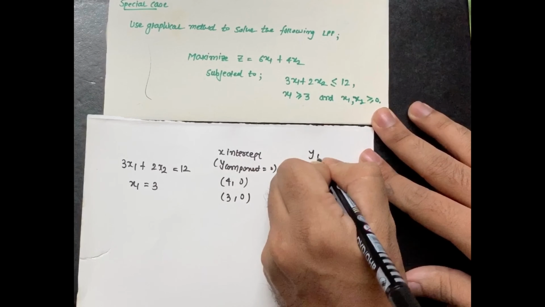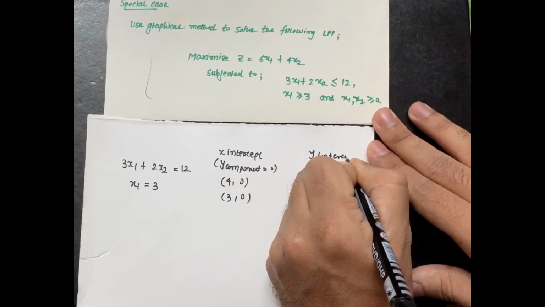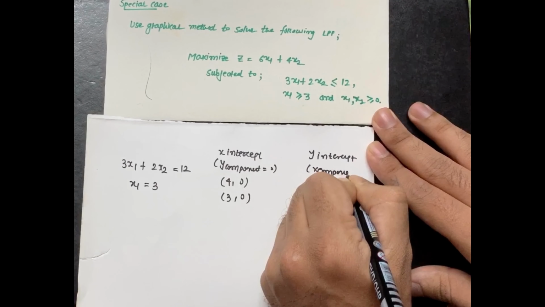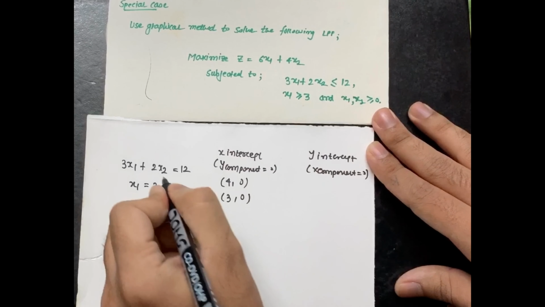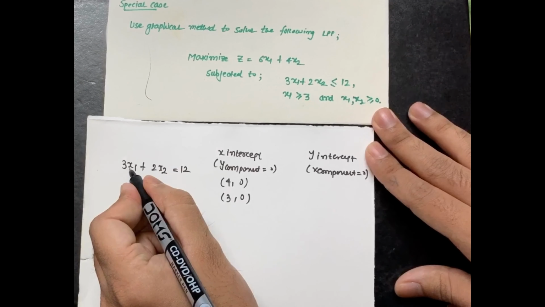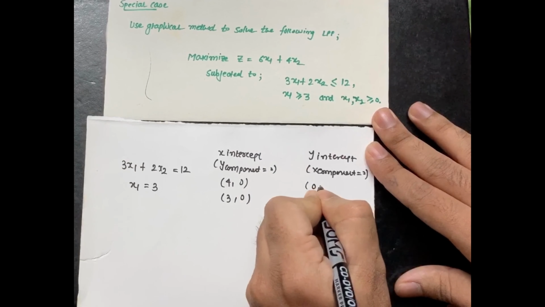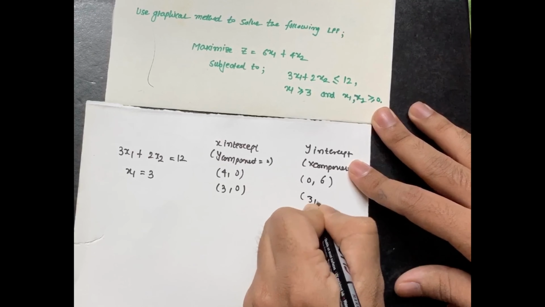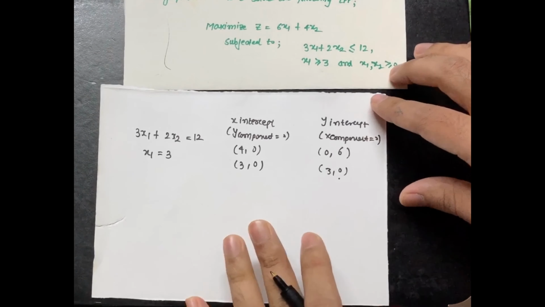Likewise, for the y intercept, taking the x component as 0: if I take x1 as 0, x2 becomes 6, and here again it is the 3, 0 point, it remains the same.